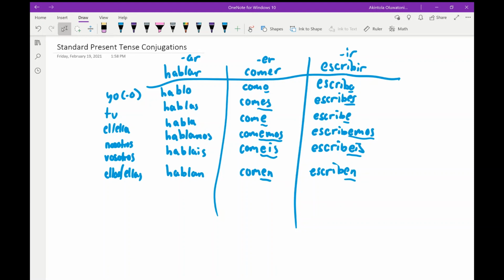So try and identify patterns with verbs that you see, and keep practicing those conjugations. Practice makes perfect with these verbs so that you can make them a natural part of your speech. So that's going to do it for today. That's all the information that you'll need for the regular present tense. This is Dons for Dons Peer Tutoring, and we'll see you soon.